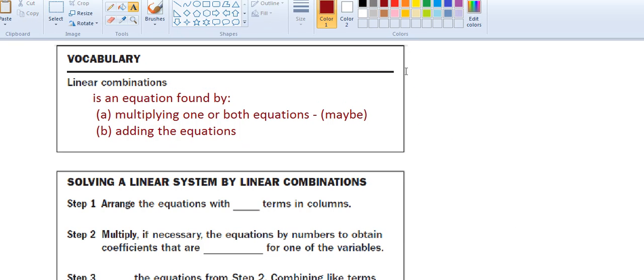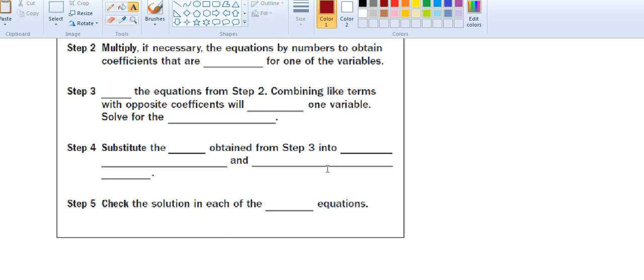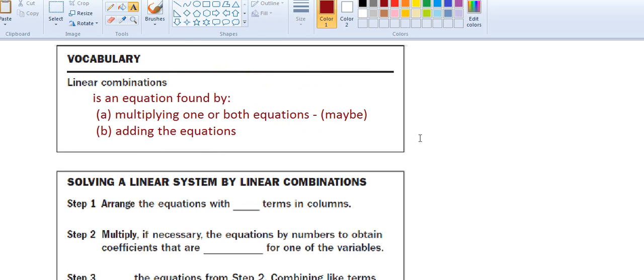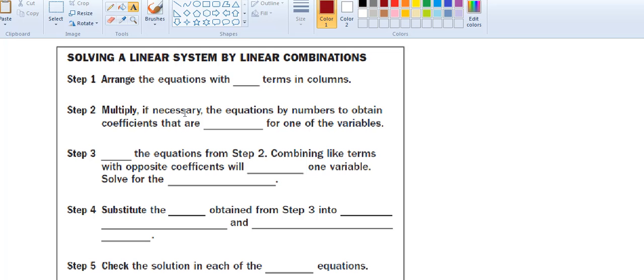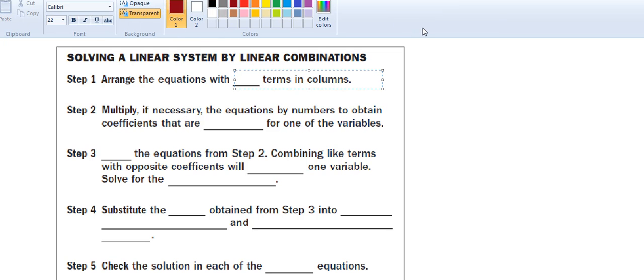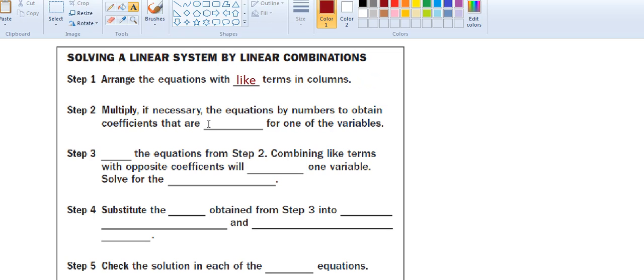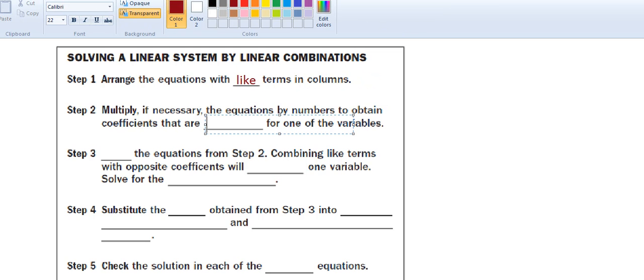Now, let's go to this piece right here. Our first step is this. We're going to arrange the equations with like terms in columns. In other words, x's and y's kind of lined up is a good way to put it. Now the next thing we do, our next step is we're going to multiply, if necessary, the equations by numbers to obtain coefficients that are opposites.